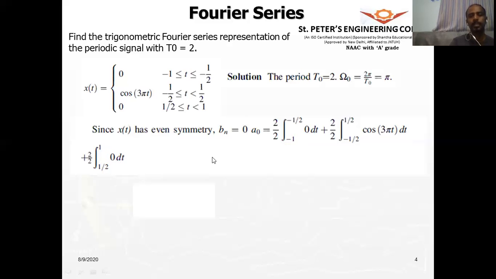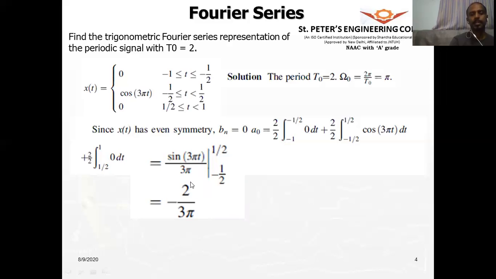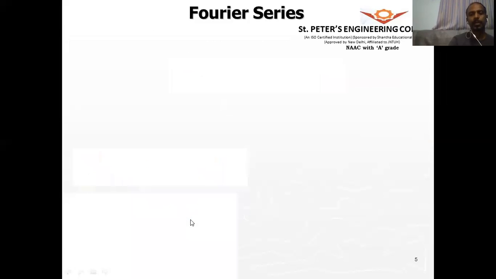When you integrate this, we get a naught as -2 by 3 pi. That will be the constant term.